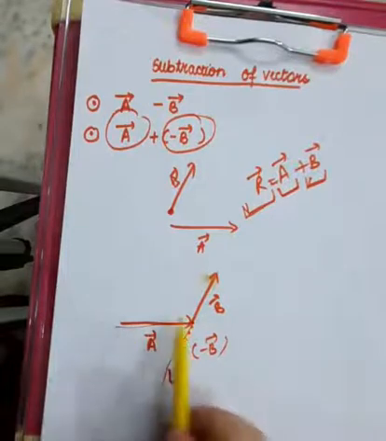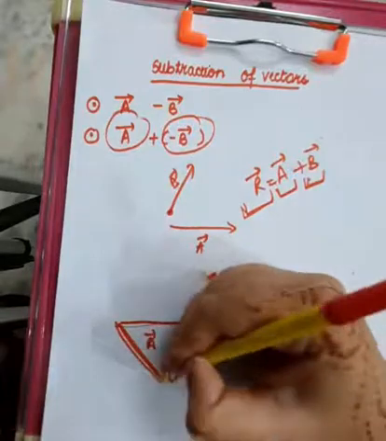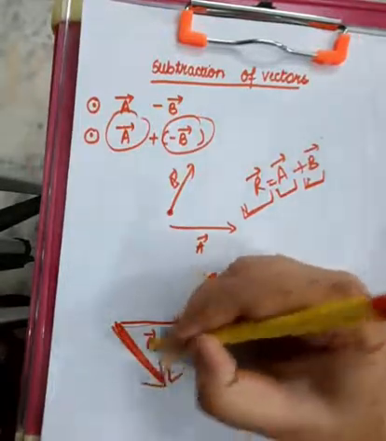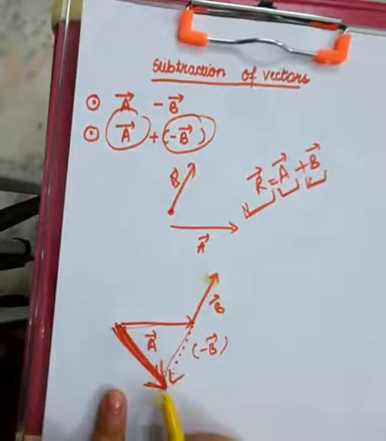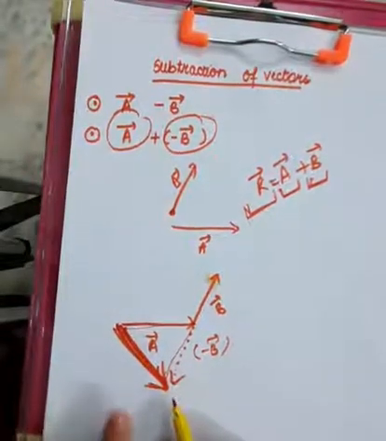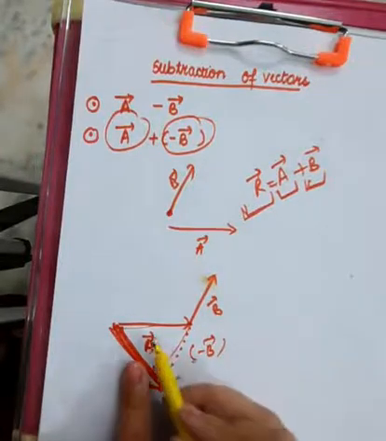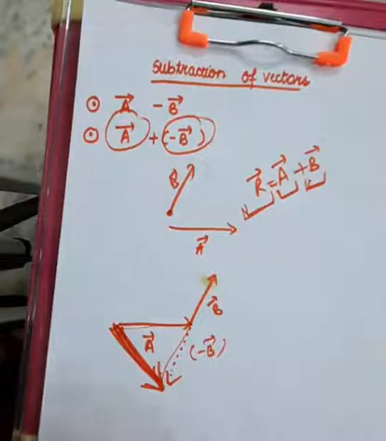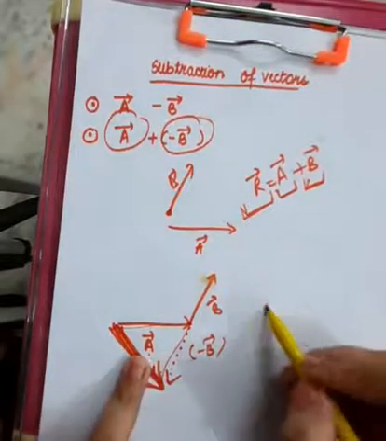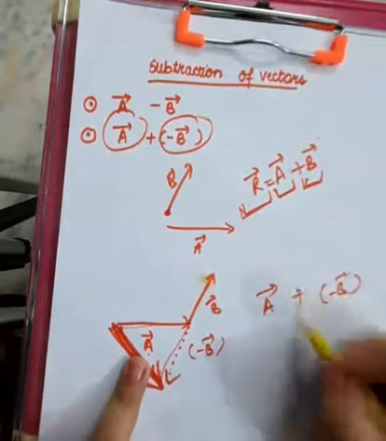These two vectors are in order, and this one which is not in order, complete the triangle. See, this is a triangle, two vectors in order, third one not in order, and this is going to give you the resultant of these two, which means if you add both of them, you are going to get the resultant. So eventually you have found the resultant of A vector and minus B vector.